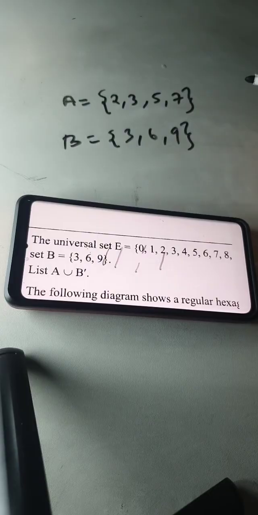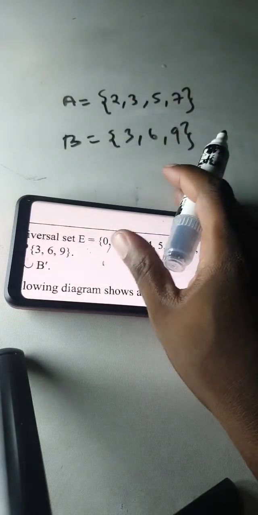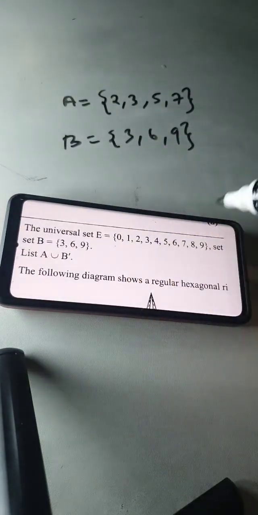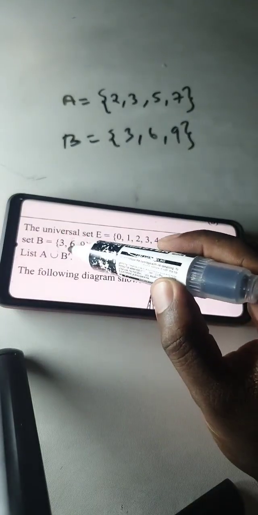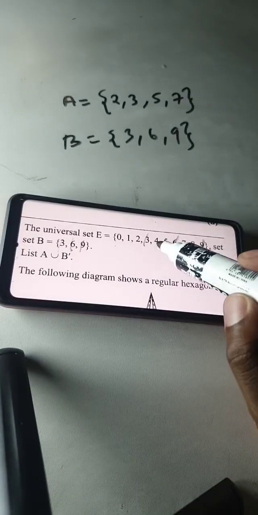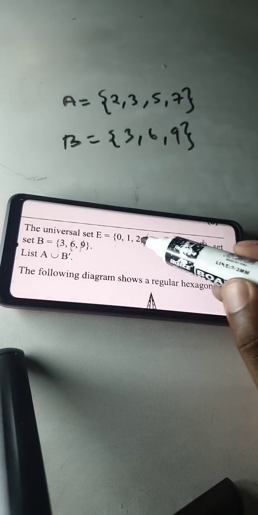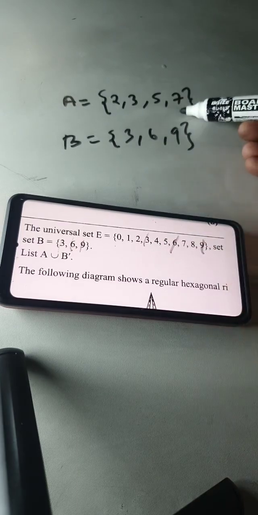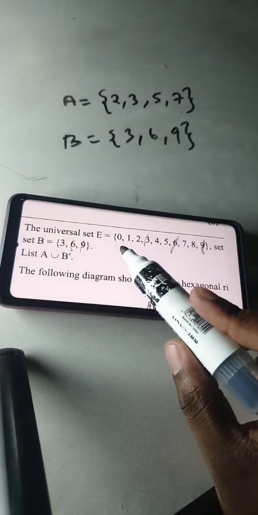Then what will remain should be put together. Even our universal set, if we get rid of 3, 6, 9, what will remain should be put together with that. So it's just the same things which are here.